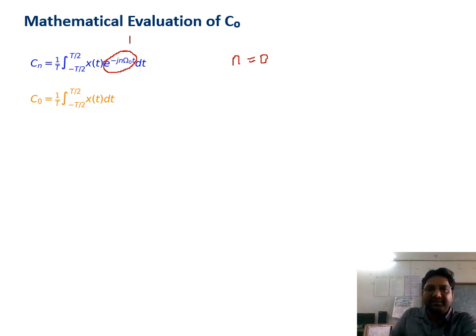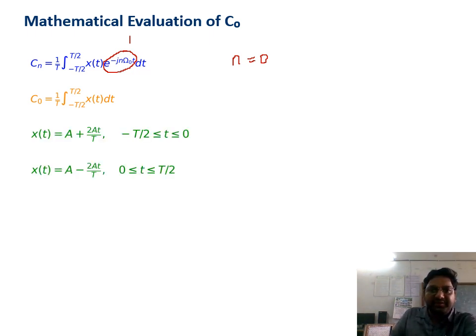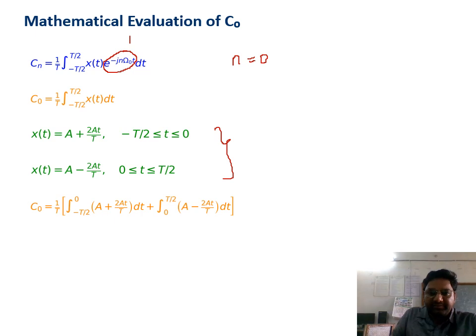Also we know the value of the determined signal for the negative side and for the positive side is given by these equations. Now solving for the value of C naught, we get C naught equals 1 by T, and I am splitting the integral into two: one from minus T by 2 to 0, another from 0 to T by 2.